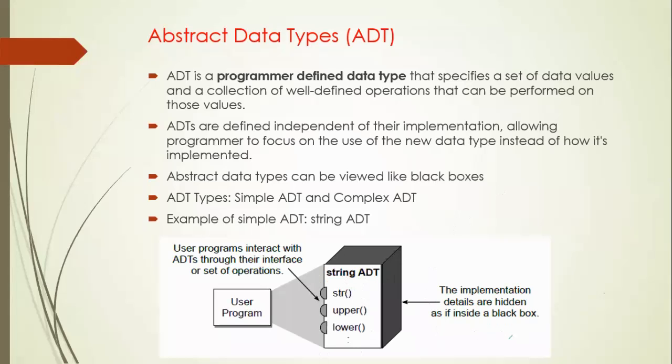So you can just call them, and that implementation is already written in this black box. So there is no need for the programmer to understand how those methods were defined in this black box.